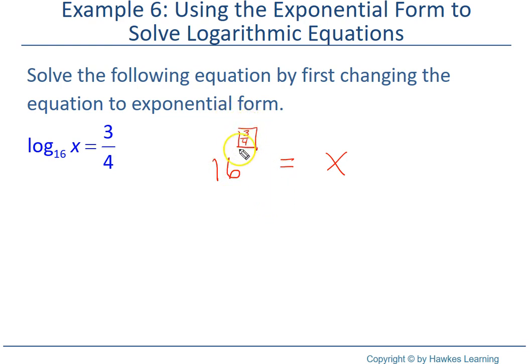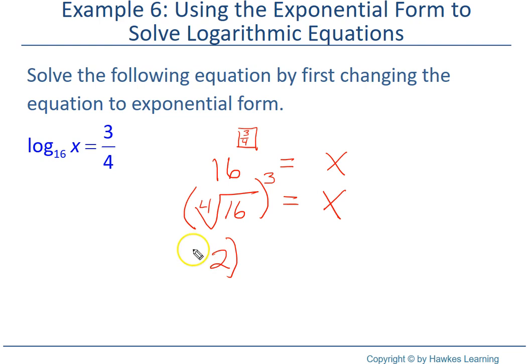Now here, our knowledge of fractional exponents comes into play. And what did we say this was? Well, we use our denominator as the index number. And we're raising this to the third power, and that's what equals x. So the fourth root of 16 is 2. 2 to the third power is 8.